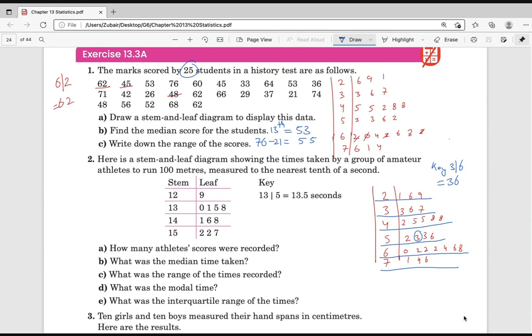Question number 2A says how many athletes' scores were recorded? Very good. So you counted them. What was the median time taken? 11, middle, 14.1.